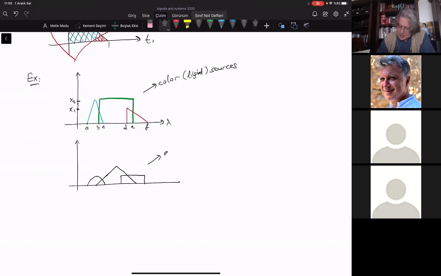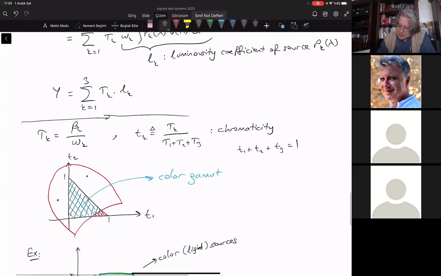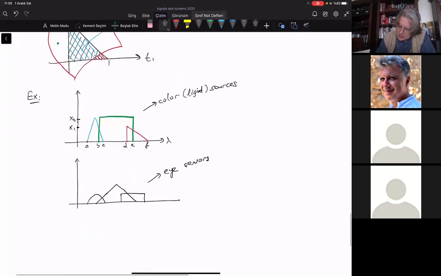And these are the eye sensors. So these are the color sources pk of lambda. We have p1 of lambda, p2 of lambda, and p3 of lambda. And these eye sensors are s1 of lambda, s2 of lambda, and s3 of lambda, which may be notated as si of lambda. These starting and ending points will also be given to you.